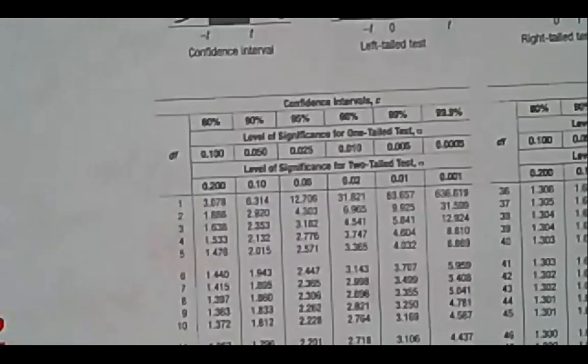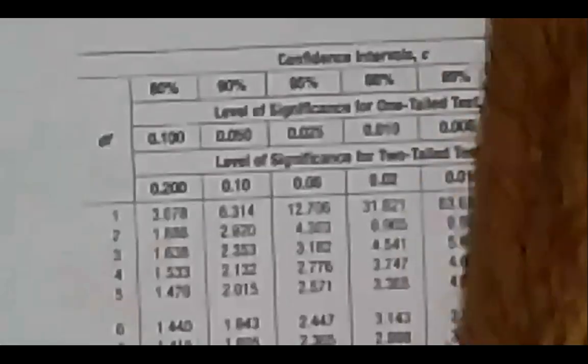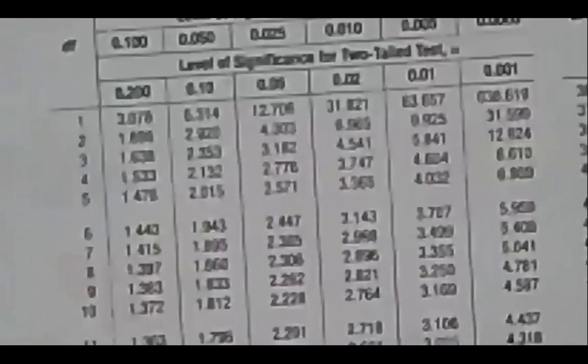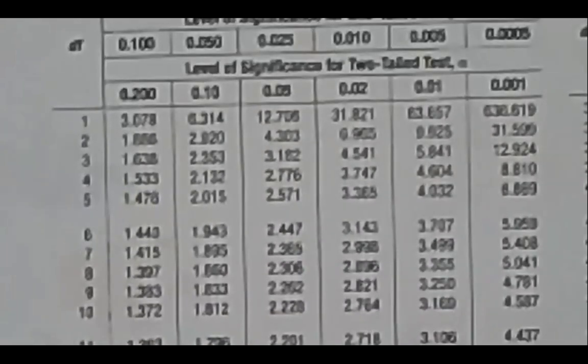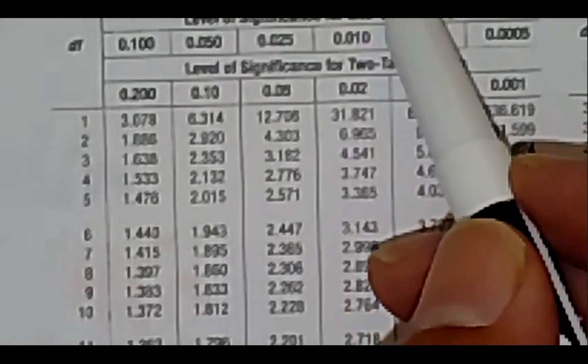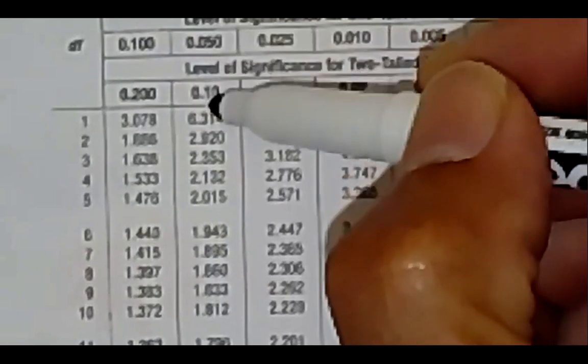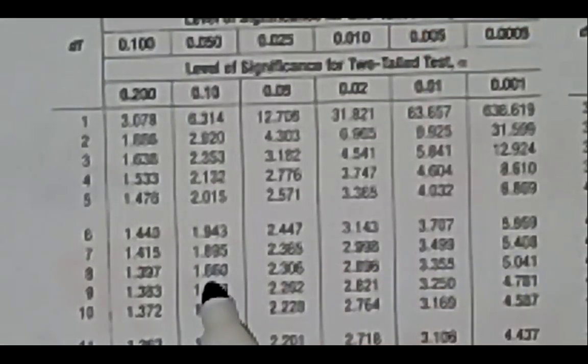We know our degrees of freedom are 8, which is this line right here. This says our confidence level. We know from the problem that we want to be 90% confident, and 90% confident is right here. So we go 90% confident, go down and find degrees of freedom of 8, and we see that value, 1.860.